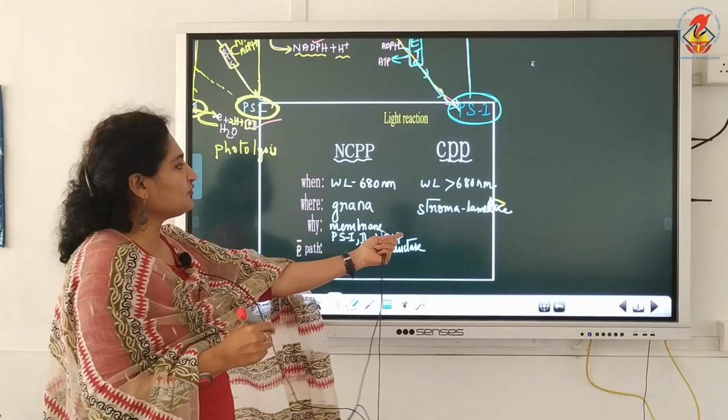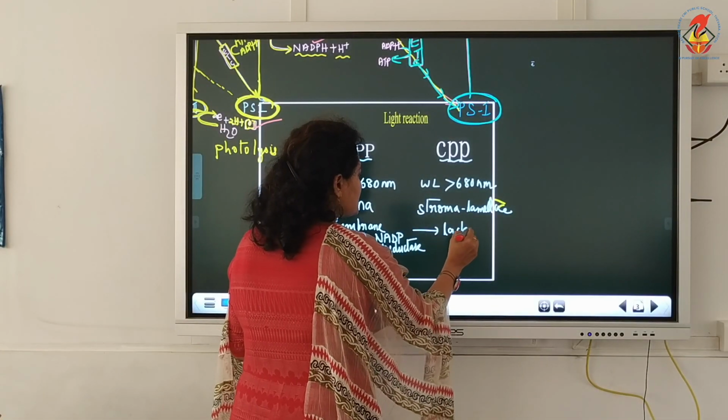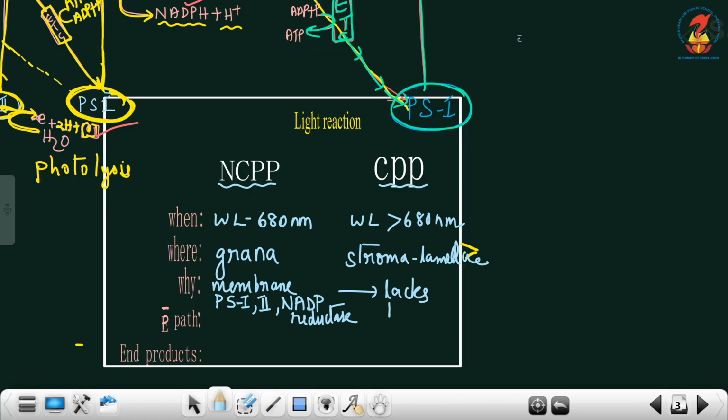So, you can easily fill in the slide. What was missing in the diagram? It lacks photosystem 2 and that enzyme, NADP reductase enzyme. So, remember the lamellar membrane lacks these.